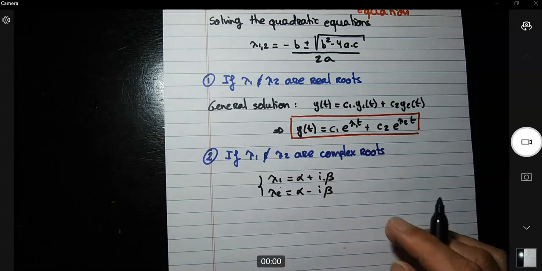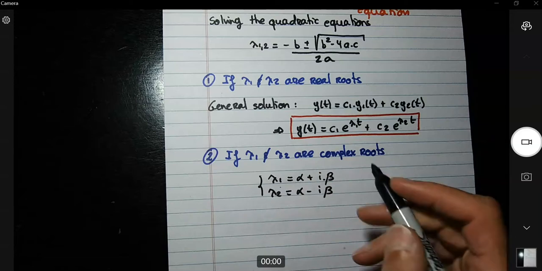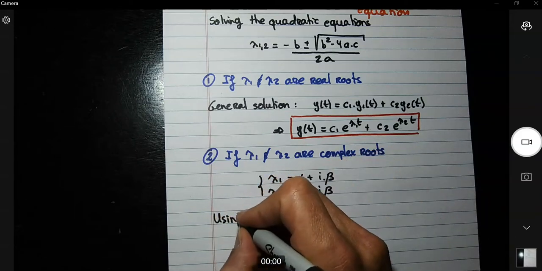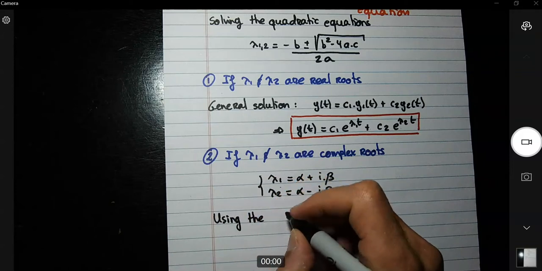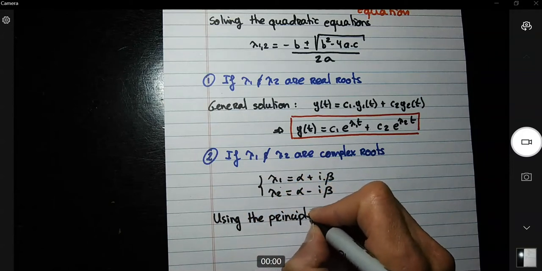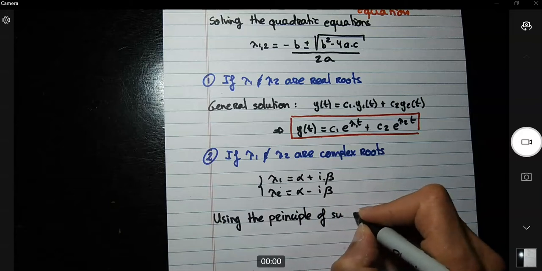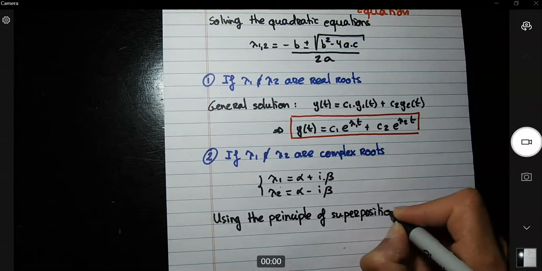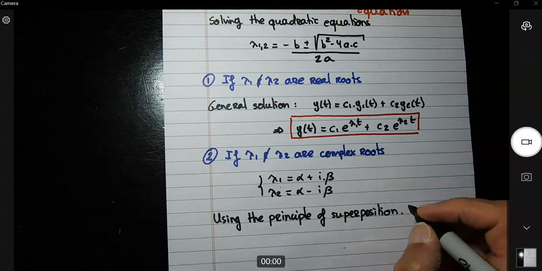Okay, so now again, using the principle of superposition, what do we have?